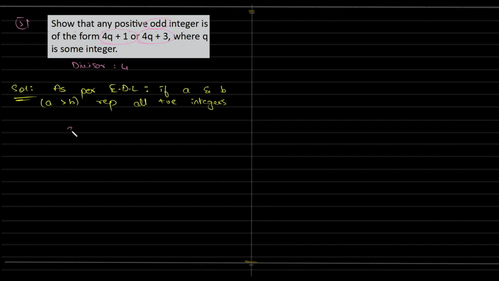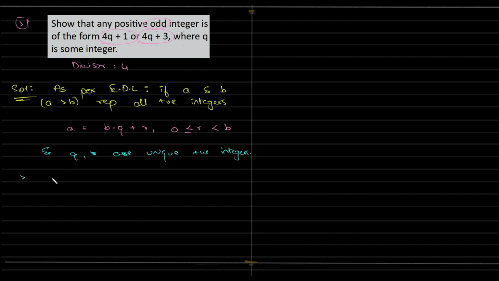Then I can write A as B into Q plus R, where R is greater than or equal to 0 but always less than B, and Q comma R are unique positive integers, right? So that's your general statement.